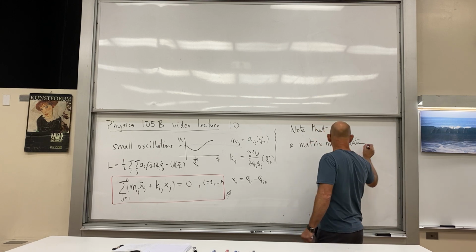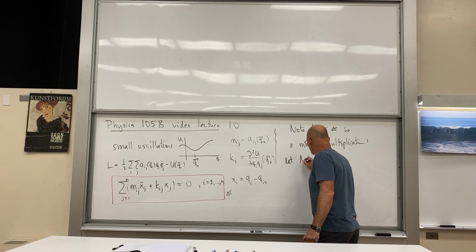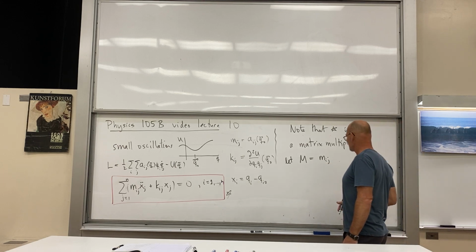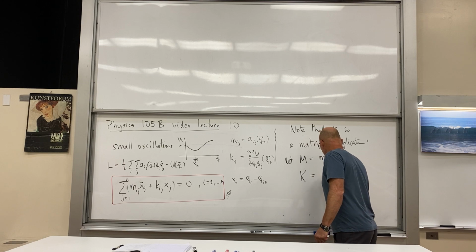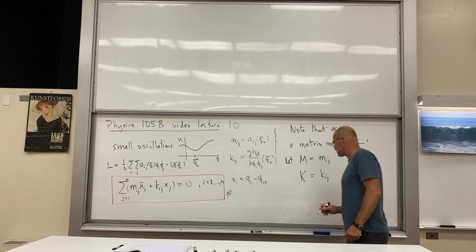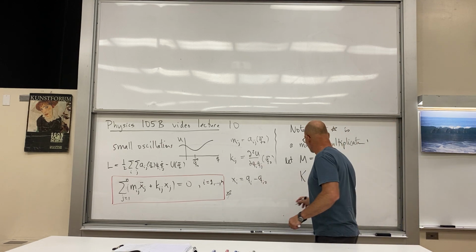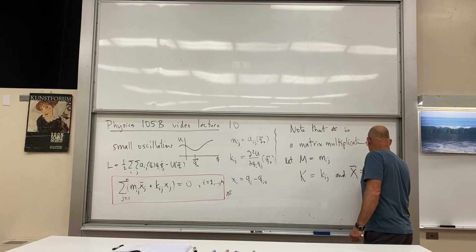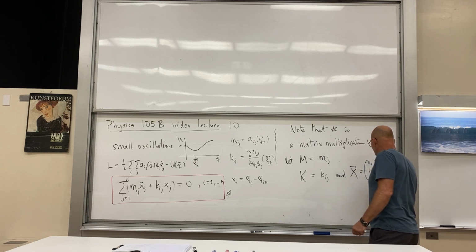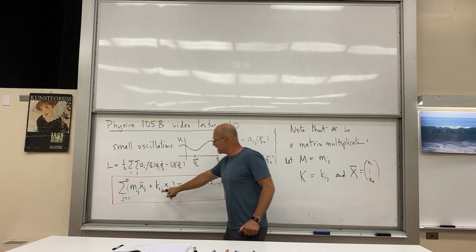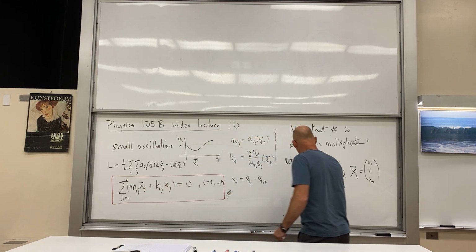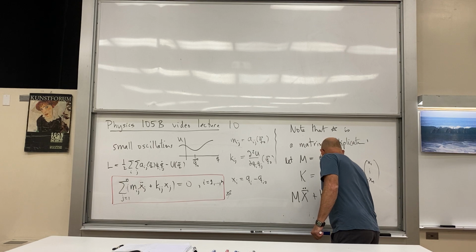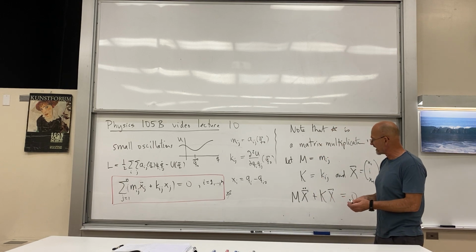So if we let M be equal to this Mij matrix, I'm just saying this is the square matrix, and K be equal to this square matrix, then we can explicitly write, and x be this x1 down to xn. Think of that as a column vector. Then each one of these equations is a row times a column for the differential equation. Matrix times vector equals 0. How about that?